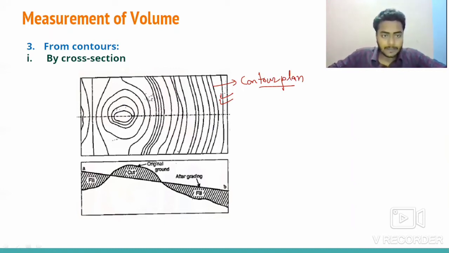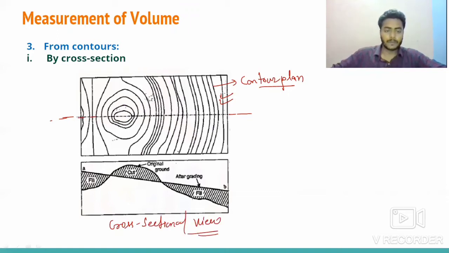According to the dotted line shown in the figure, a cross-section view is drawn.